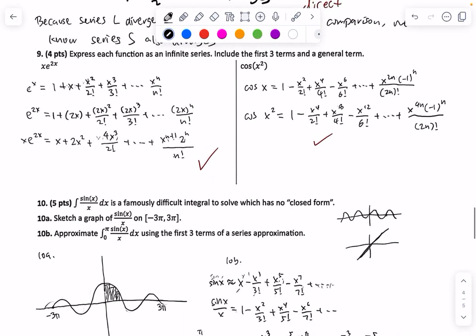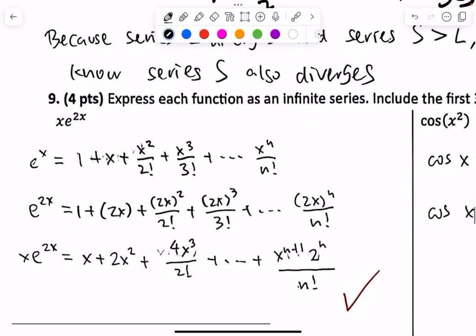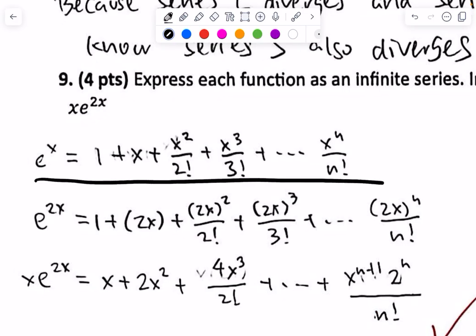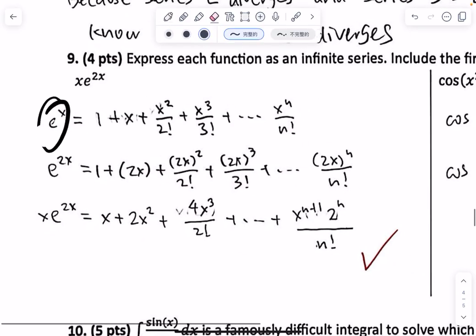Now we want to express more complicated functions as infinite series. If we have a function that is not directly one of e to the x, sine, cosine, ln, or inverse tangent, then we want to compose it so that it is. Here we start with our e to the x, and if we can do something to the function, we can also do something to its polynomial expression.